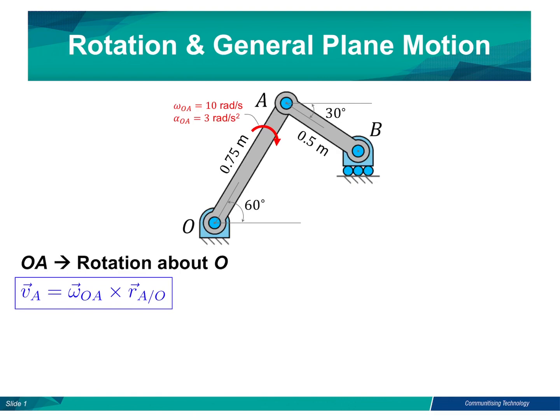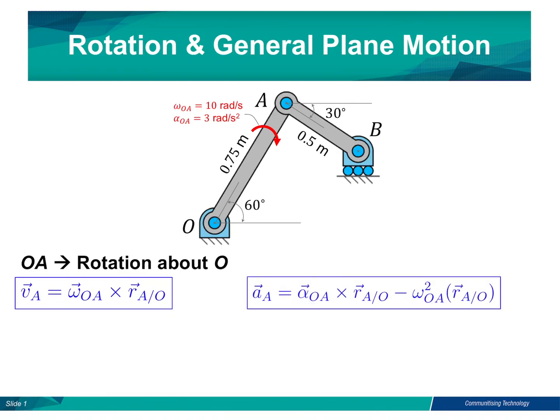When you want to calculate velocity of a rotation, you use this equation: VA equals omega OA cross product RA/O. Now we are talking about acceleration.